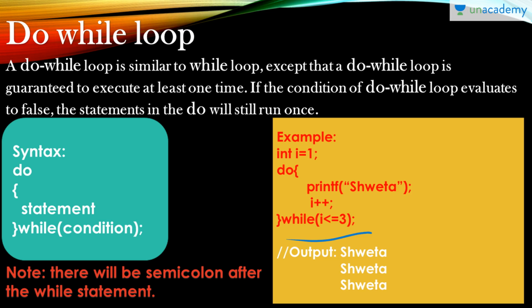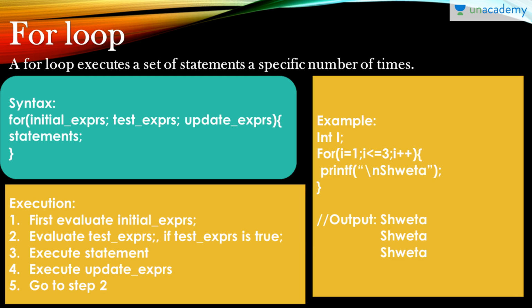Next, move to the for loop. A for loop executes a set of statements a specific number of times. Here the syntax is given: for initial expression, initialization, then test expression, update expression, curly braces, statements. Most people love to use the for loop because it is easier. We get all these things in just one line: initialization, test, and update.